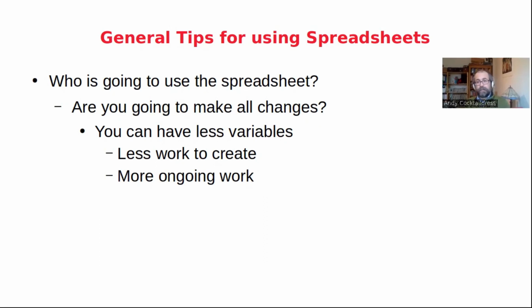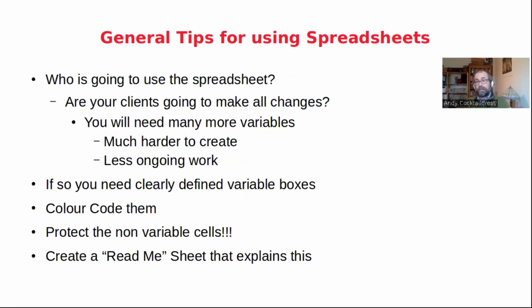The converse of that is that actually it's going to be the client, the person or the organization you're making the spreadsheet for, who's going to have to make the changes at a later date. If this is the case, then what you're going to have are variable boxes.